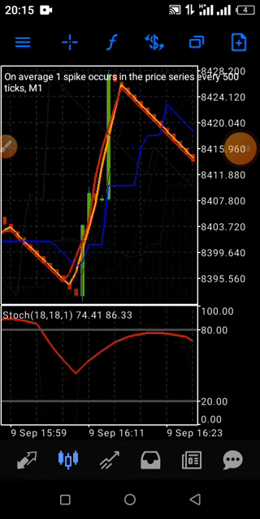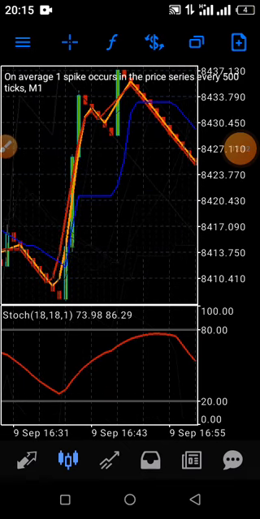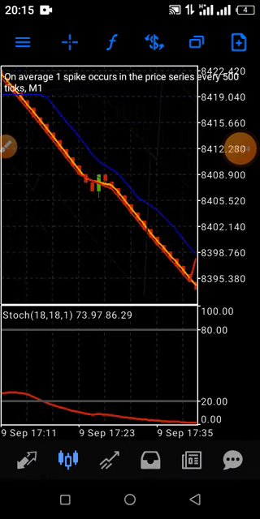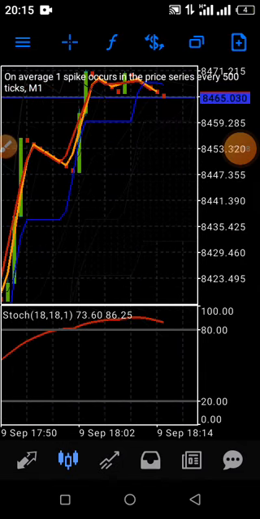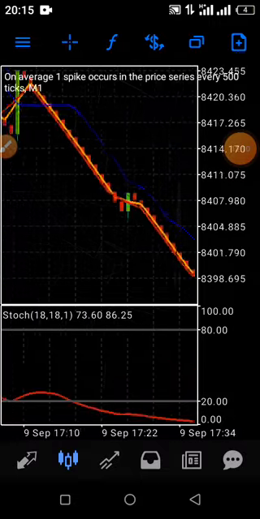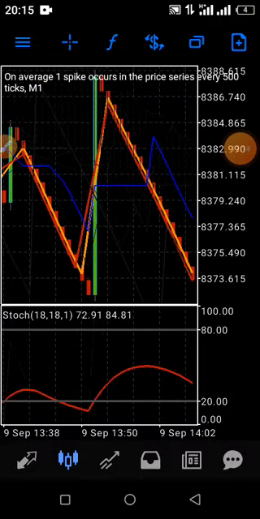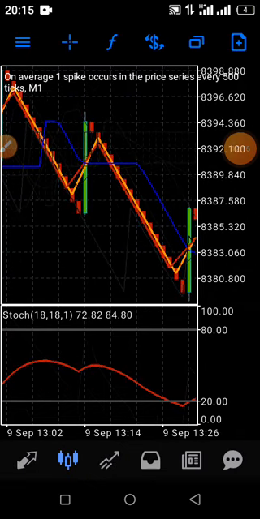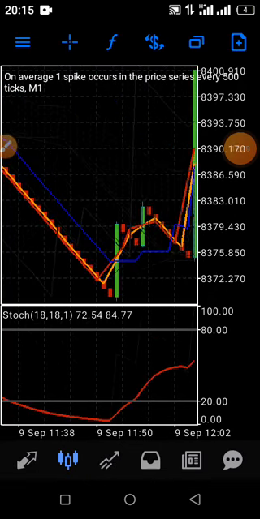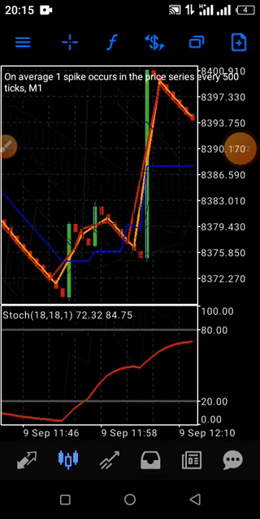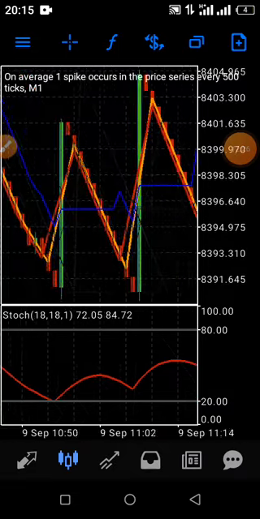It's a series of spikes. So even here it is the same thing. Even here these spikes are still the same.